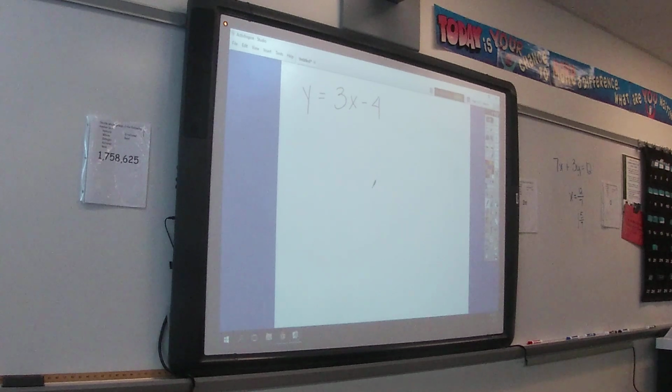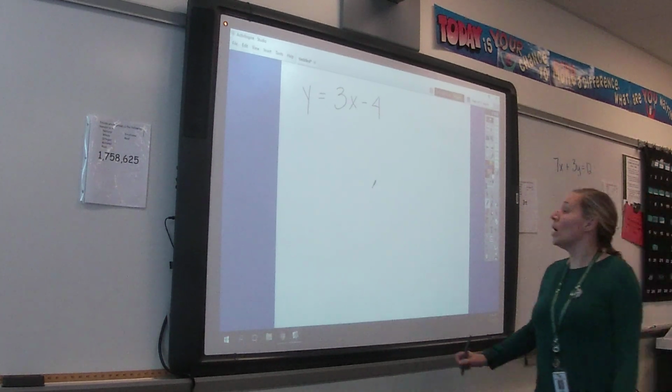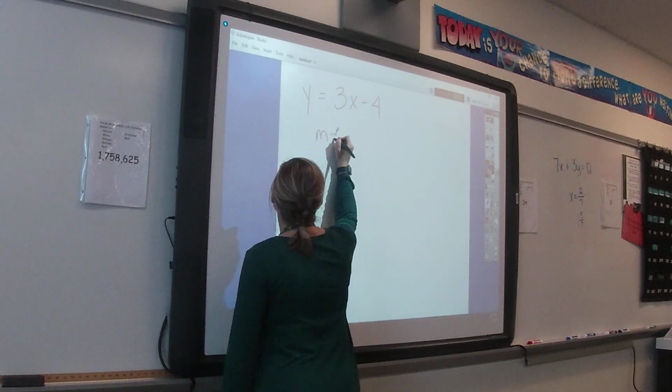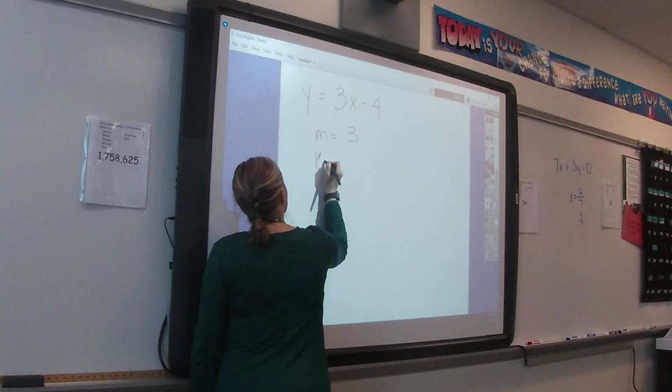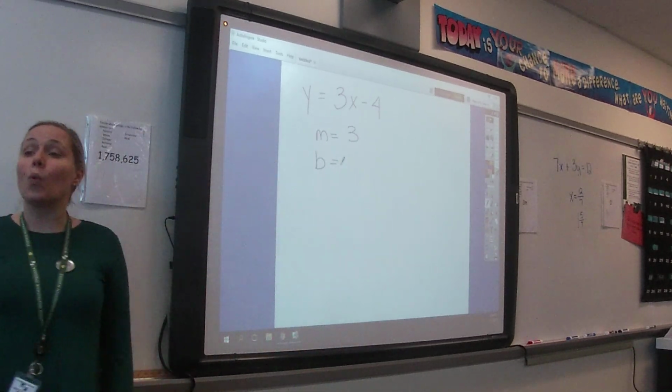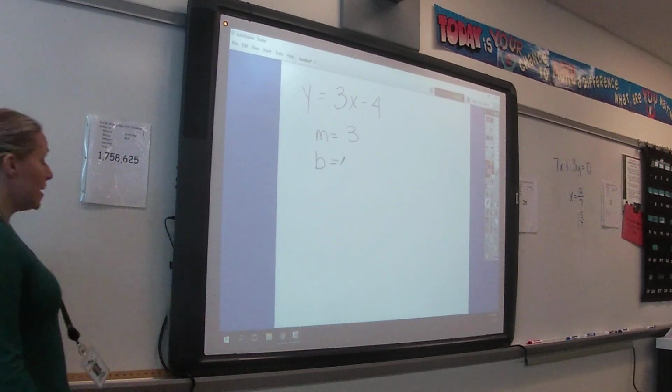This is y equals mx plus b format. So what does our slope equal? What does our m equal? 3. What does our b or our y-intercept equal? -4.